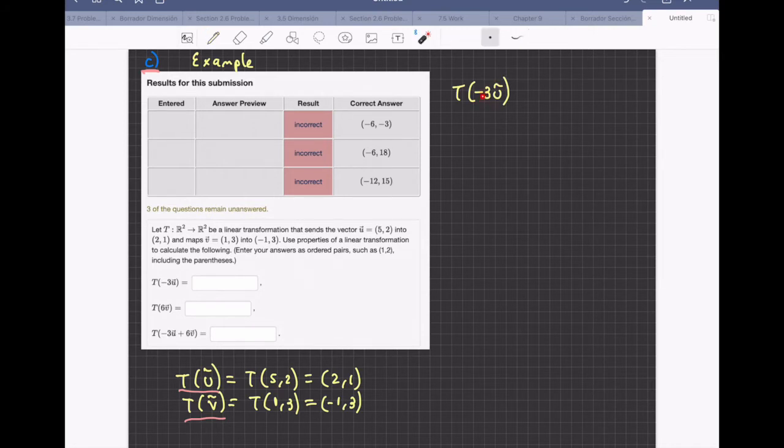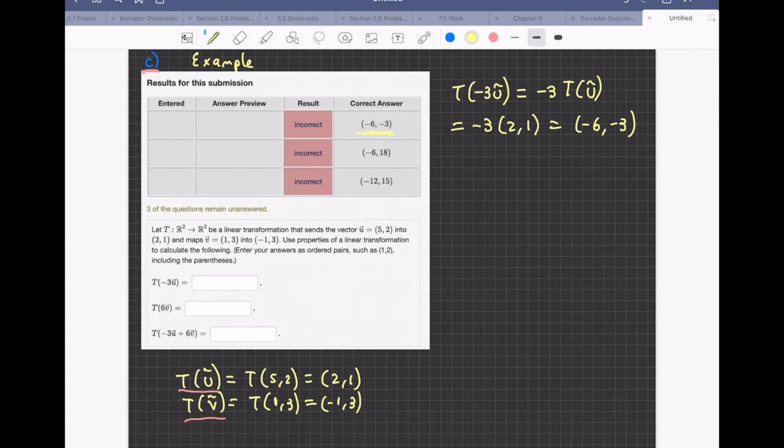When you multiply a scalar times a vector, you can take the scalar outside. So this is going to be negative 3 times T of u. T of u is (2, 1). So it will be negative 3 times (2, 1), and this scalar multiplication would be (-6, -3). You see? That is the answer we have here.